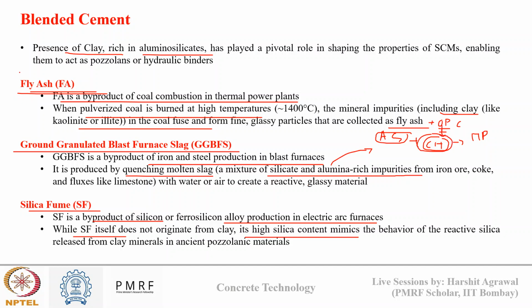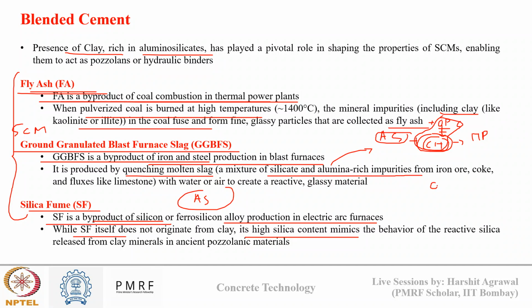So we can see that all these three materials, which are very important SCMs in modern time, are all byproducts of some other industry. They are all waste, but due to their reactive composition of alumina and silica, they are used as a substitute for OPC.